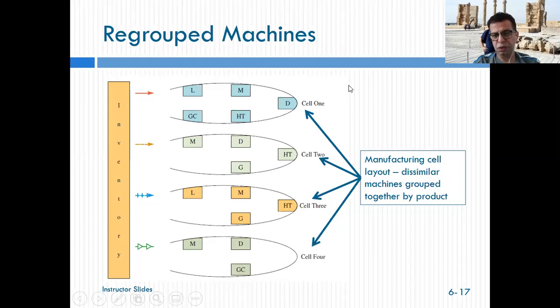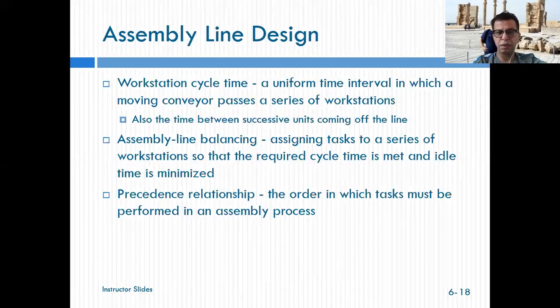So the manufacturing cell layout groups dissimilar machines together in a product cell. And the assembly line design, which is the most used one, involves the workstation cycle time, which is the time interval in which a moving conveyor passes a series of workstations.